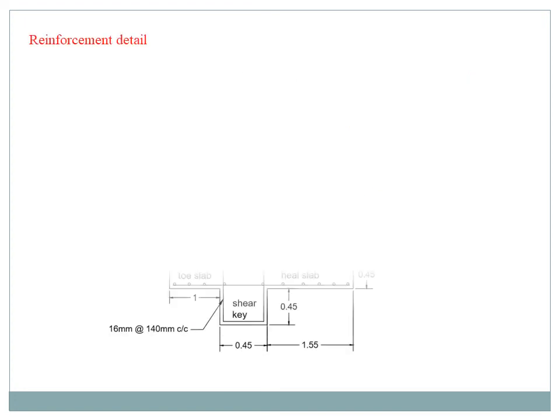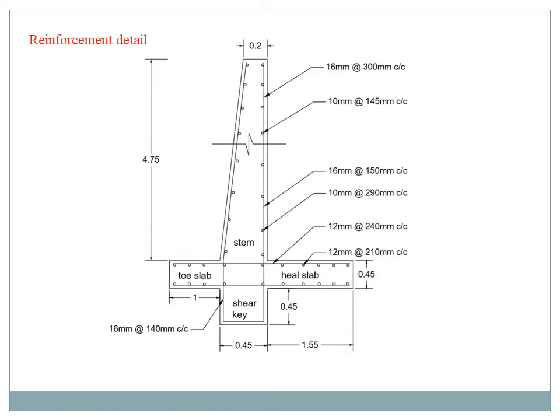Now the reinforcement details. This is our retaining wall reinforcement details. Mark the values for the stem position, the base slab position and the heel slab position, taken from our previous steps. For our stem, the vertical stem is 16 mm dia bar at 300 mm center to center distance, then 10 mm dia bar at 145 mm center to center distance.